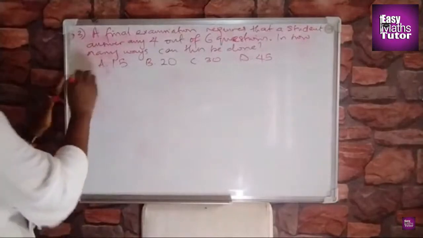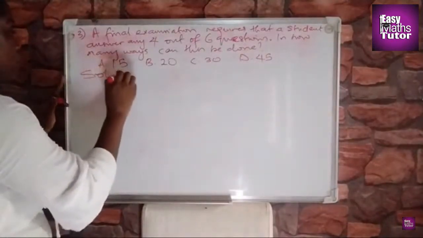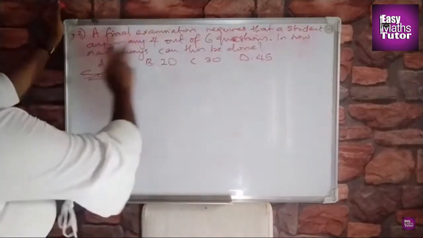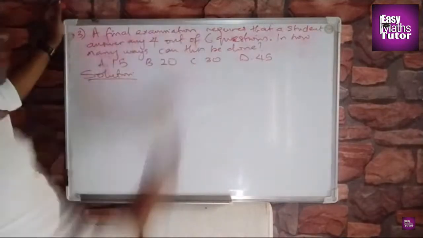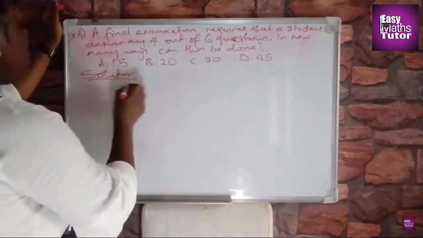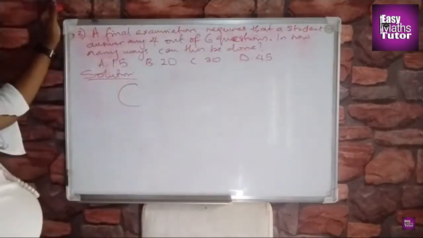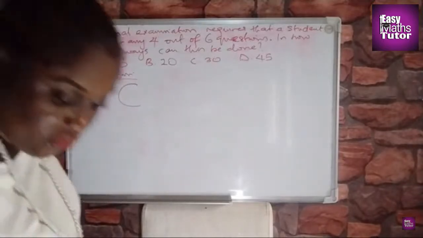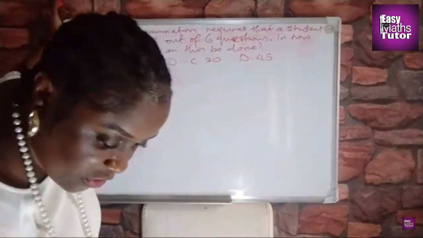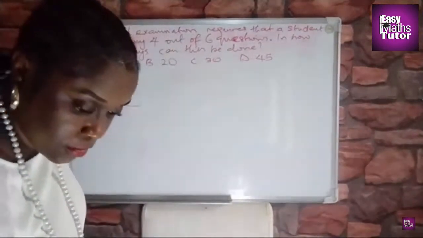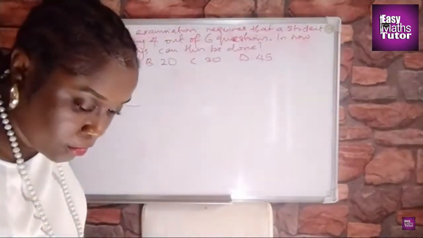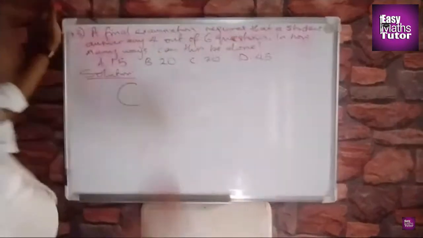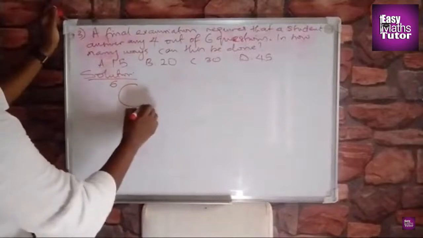So, solution: the exam requires that the student answer any 4 out of 6 questions. So the total number of questions is 6, but we're required to answer only 4. How many ways can this be done? So write our 6 here and our 4 here.